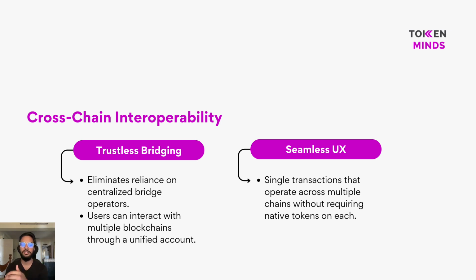This is mostly for the UX part, and in the Ethereum space the UX really needs massive development. It's going to eliminate reliance on centralized bridge operators, and you can use one token to operate on multiple chains using account abstraction. So a user can interact with multiple blockchains with just one unified account, and there are endless possibilities.